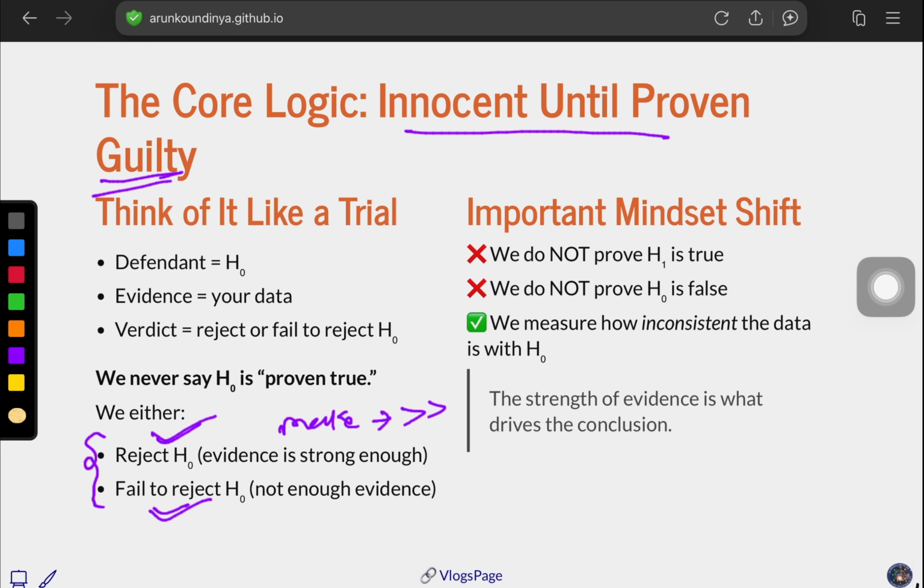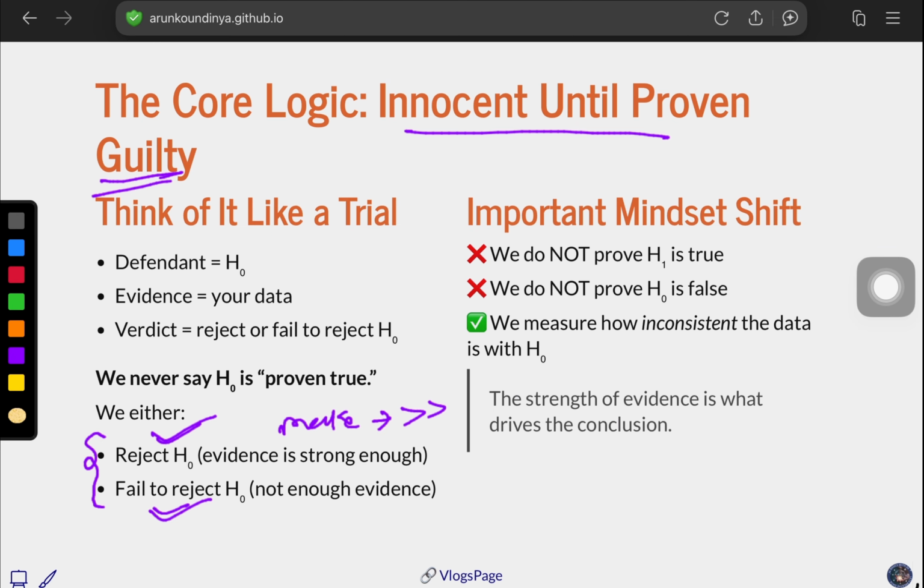On the other side, we are unable to make any decision because we do not have strong evidence that the claim we want to take for the alternative hypothesis is true. So that's where we try to reject the null hypothesis. But here we are not saying we are rejecting the alternative hypothesis. We are saying that we have failed to reject the null hypothesis.